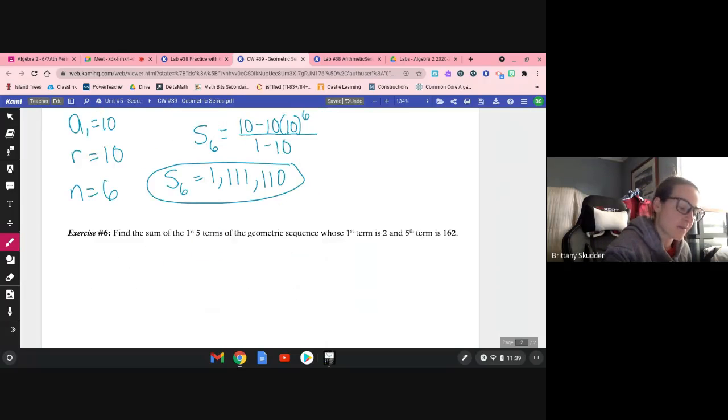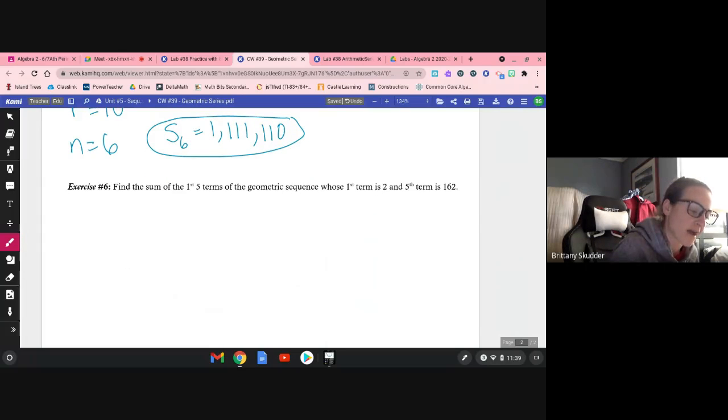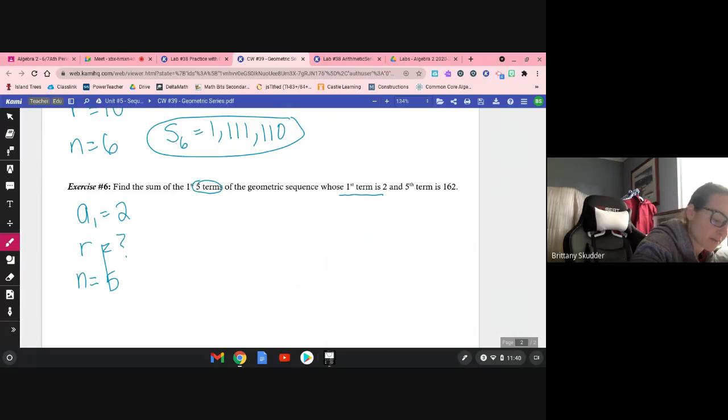All right, and then number 6 here, the last one we're going to do. Find the sum of the first 5 terms of a geometric sequence whose first term is 2 and fifth term is 162. So A1 is 2. The first term is 2. We know we're trying to find 5 terms, but we don't know what the ratio is.